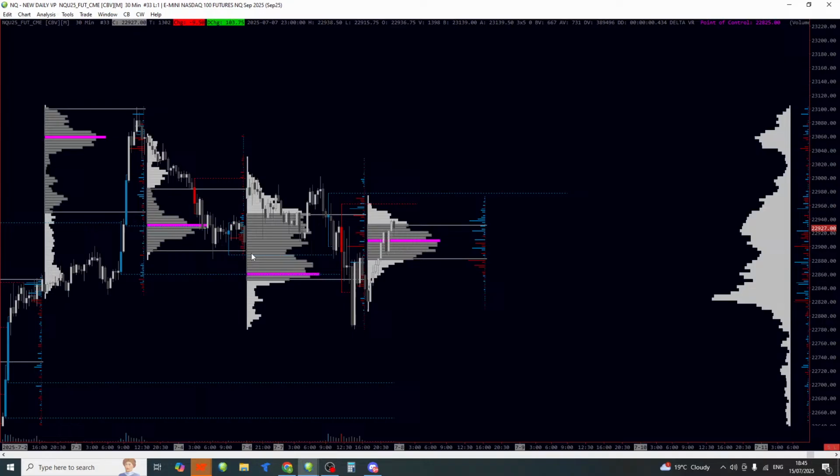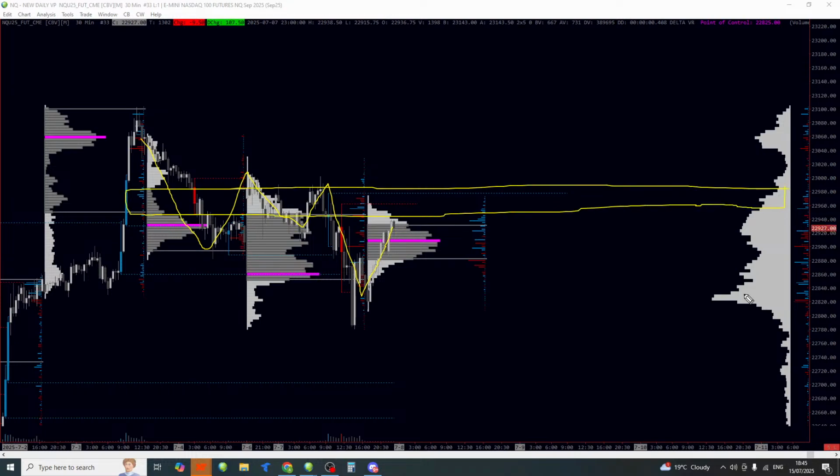So I can see here we had a nice balanced distribution, right? Price had a nice sort of balance here. Now if I look at the cumulative volume profile, I can see that the edge of this balance was somewhere around here, right?